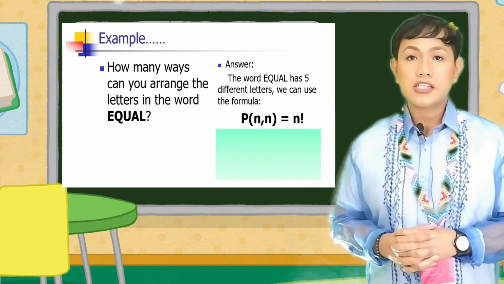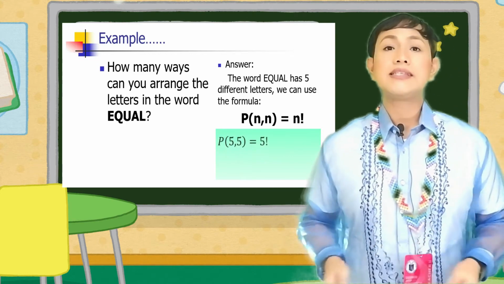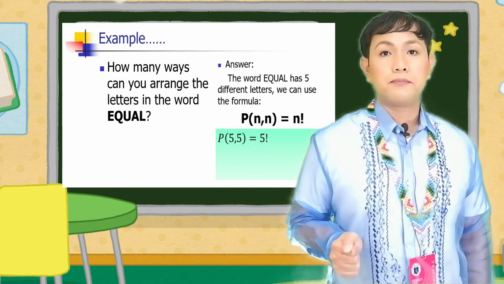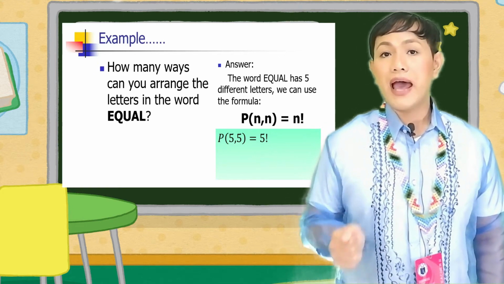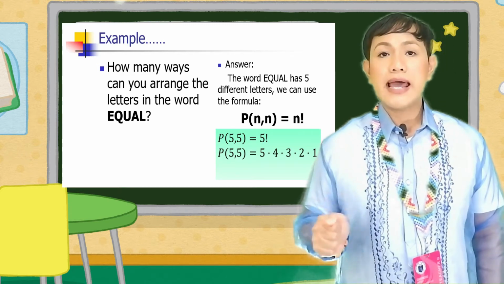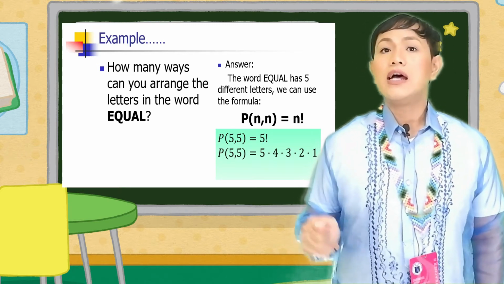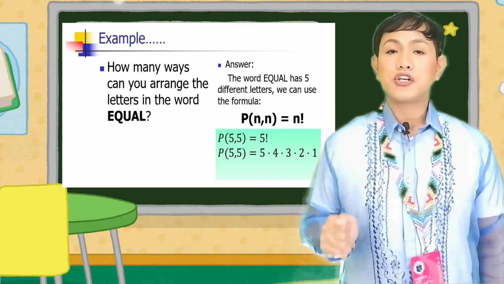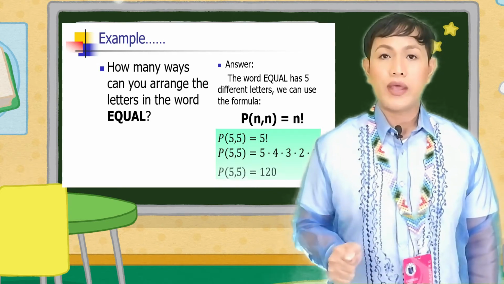So the permutation of 5 objects taken 5 at a time is equal to 5 factorial. And we know that 5 factorial is actually equal to 5 times 4 times 3 times 2 times 1. And the answer would be 120.